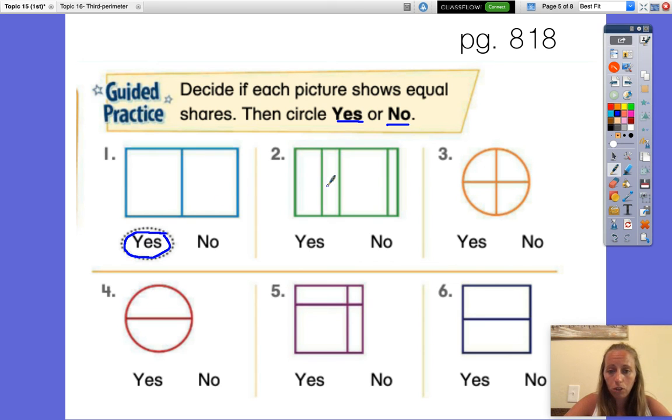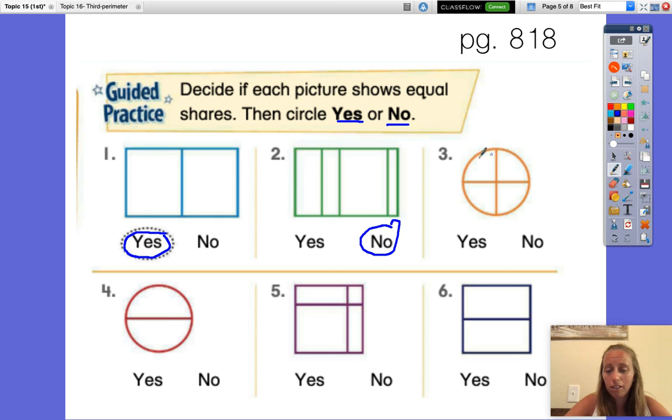Let's take a look at number 2. I see a rectangle that's broken up into 1, 2, 3, 4 parts. But are those parts all the same size? No, they aren't, right? This part is really, really tiny, and this part is huge. So they are not equal. They are not the same. Let's take a look at number 3. Now we're looking at a circle.